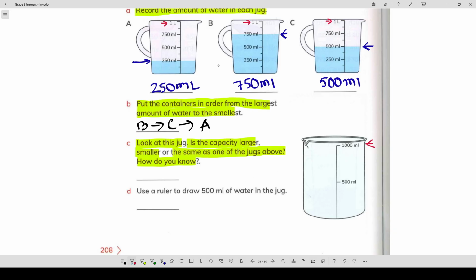It means all the jugs' maximum capacity is 1 liter or 1000 ml. 1 liter equals 1000 ml.